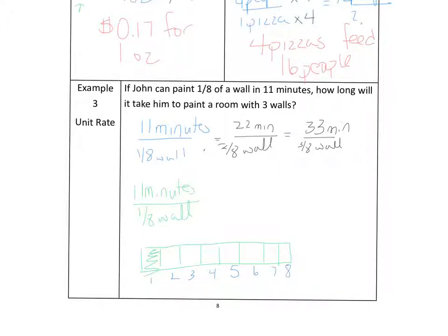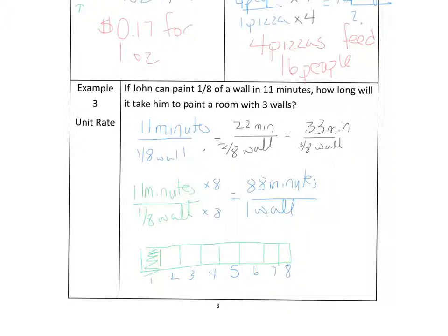It takes 8 of those sections to make one whole wall. So we could multiply by 8, because that's going to tell us it's going to take him 88 minutes to do one wall. Now, if you had enough space, you could have counted up by 8s and just kept adding 11 minutes over and over. But this just goes a little bit quicker.